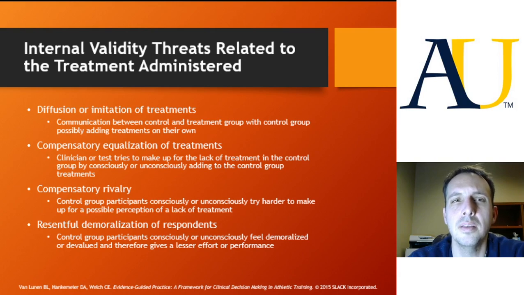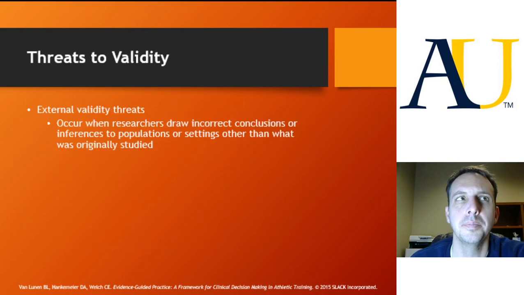And so when we're reading these, we're looking for the blinding of the participants, the clinician, and the researcher, if at all possible. Now, it's not always possible to do these blindings, but we then have to see if there's any possibility that these interactions or these threats may have occurred.